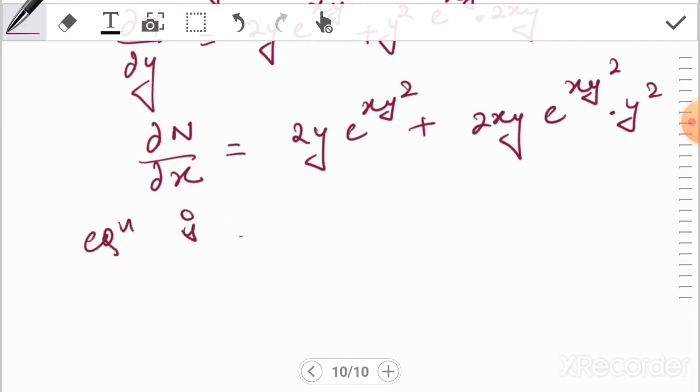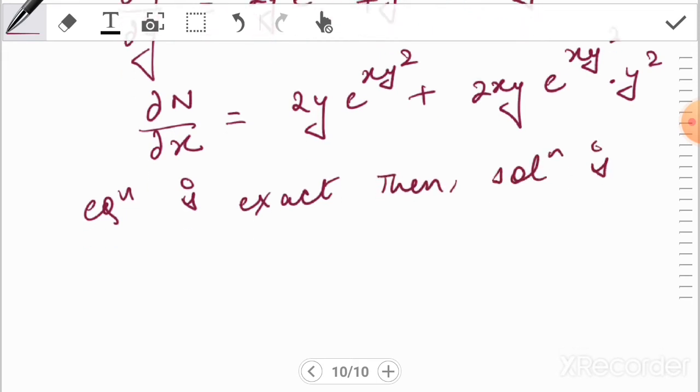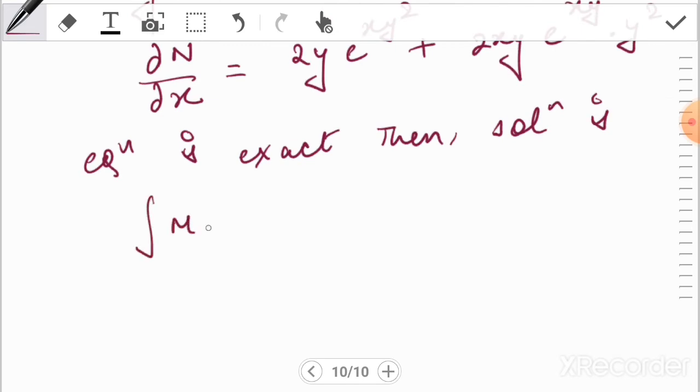The equation is exact and its solution will be integral M dx, y constant, plus terms of N not containing x.